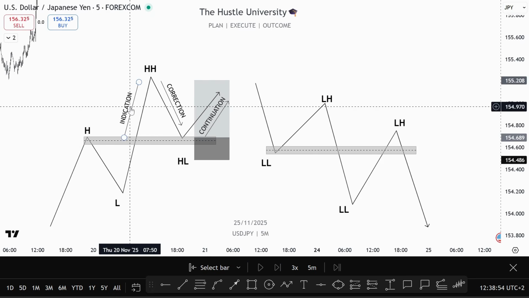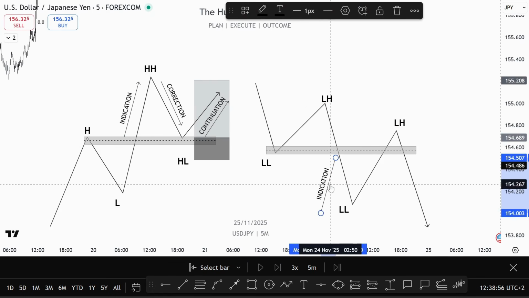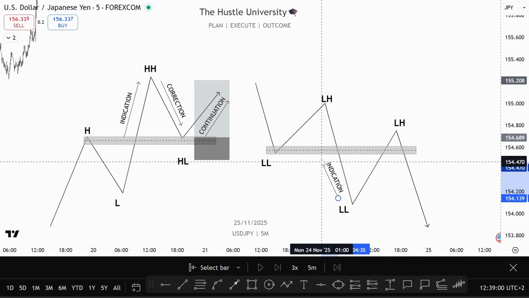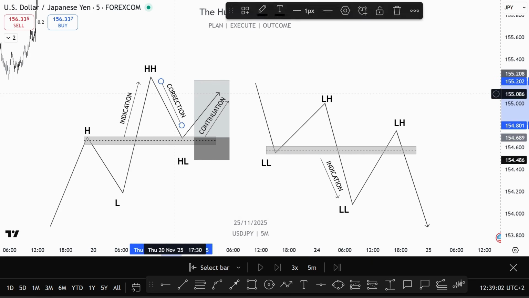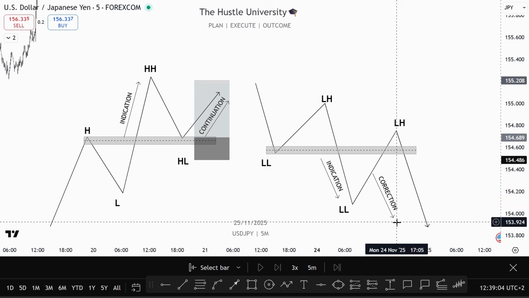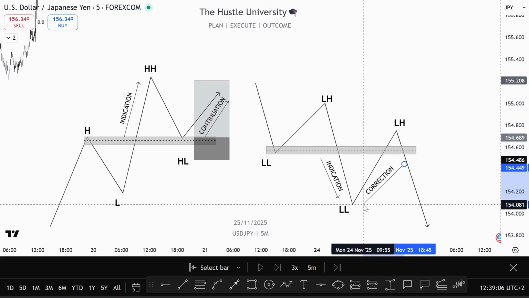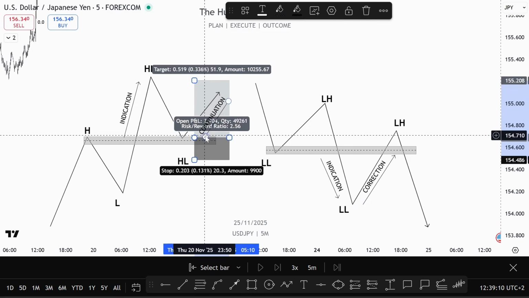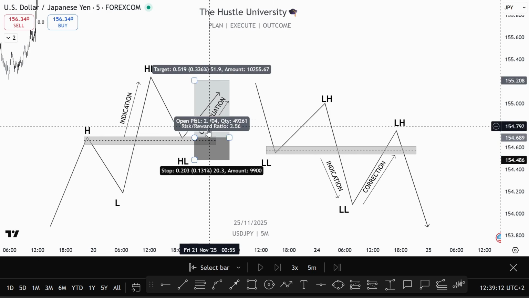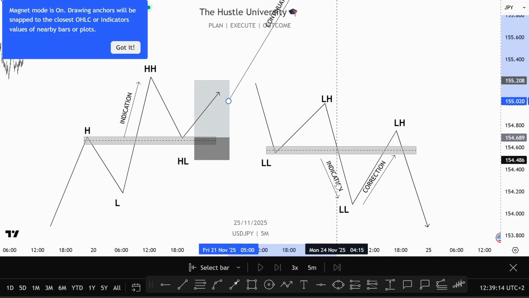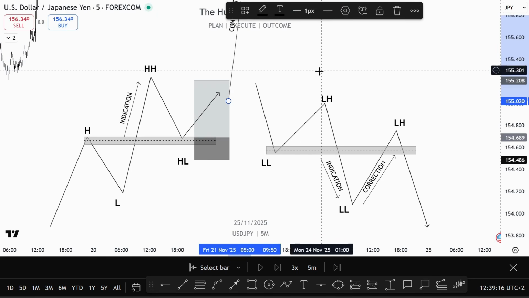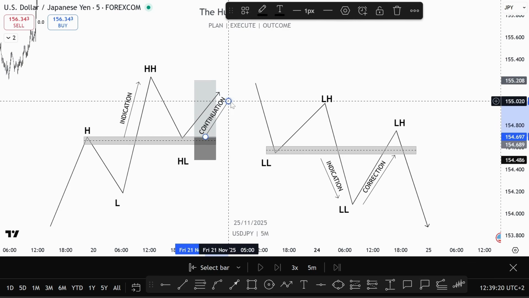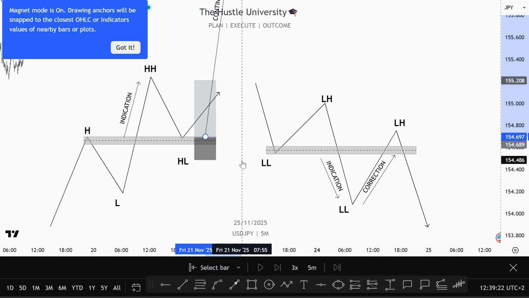So a similar thing also, this would be the indication over here. This would be the indication to the downside, and this would be the correction to the upside, where price would be doing the correction to the upside, and then this right here would be the continuation.